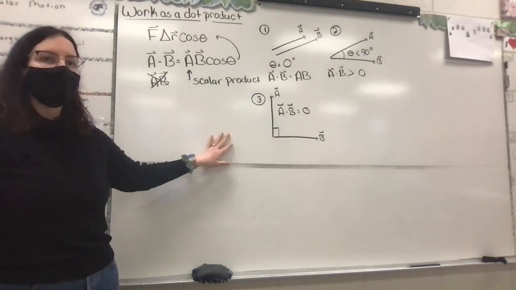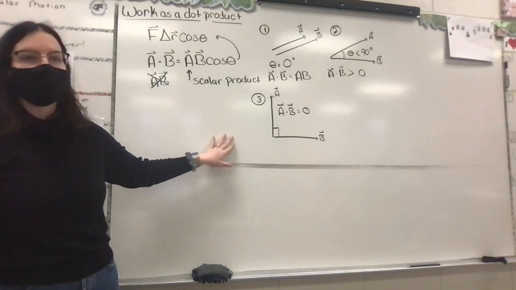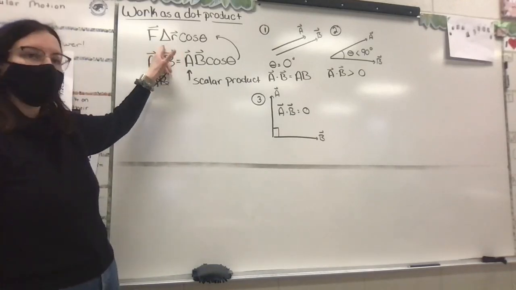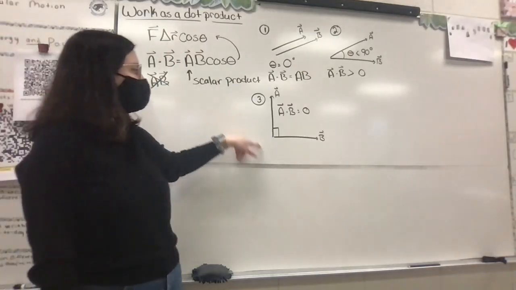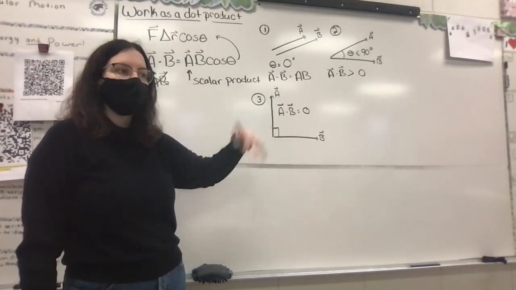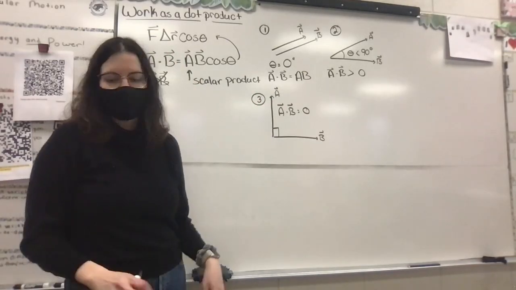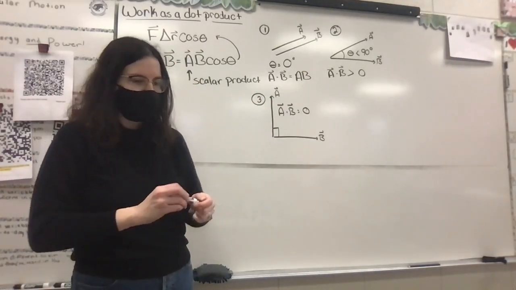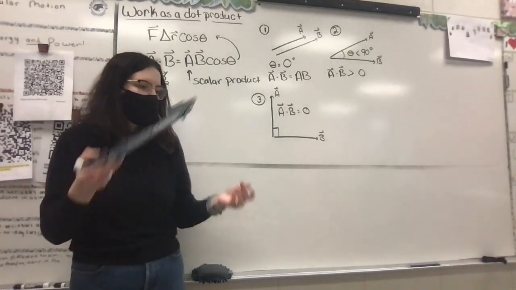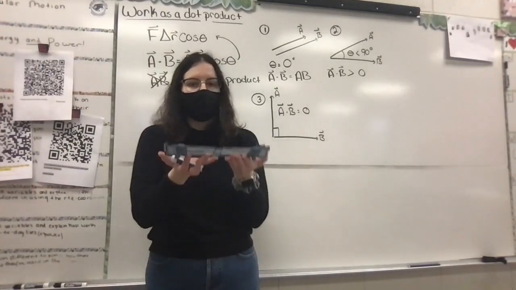Whenever work is perpendicular, it's always 0. So whenever the force is perpendicular to the movement, this rule of the dot product lets us know that it's always going to be 0. For instance, I think we talked about this a little bit the other day. Remember when I was holding my Kindle, but I don't have it with me today.